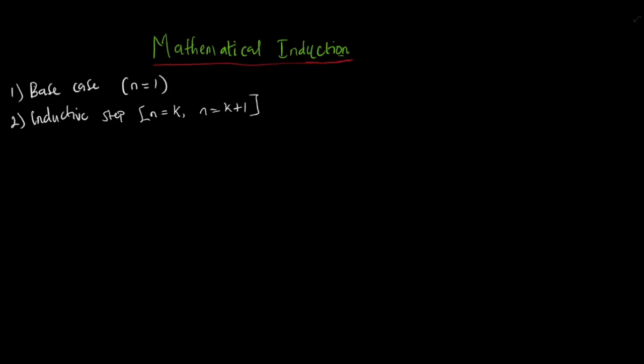Now let's prove by induction that 1 plus 2 plus 3 plus all the way to n is equal to n(n plus 1) over 2. You can observe that this series is identical to an AP series, which is an arithmetic progression series.